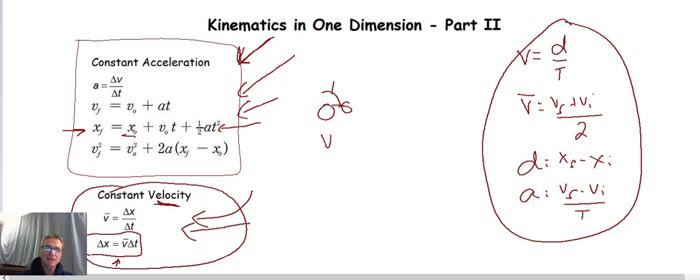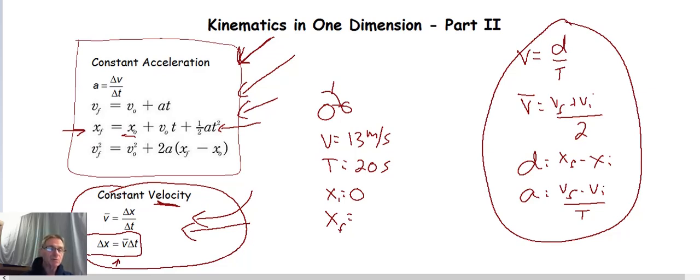The velocity is equal to 13 meters per second, and the person travels for a time equal to 20 seconds, and we would like to know what the displacement is for that bicyclist. If we assume that x initial was at the origin, 0, we're looking to see where x final is. What equation would we pick?